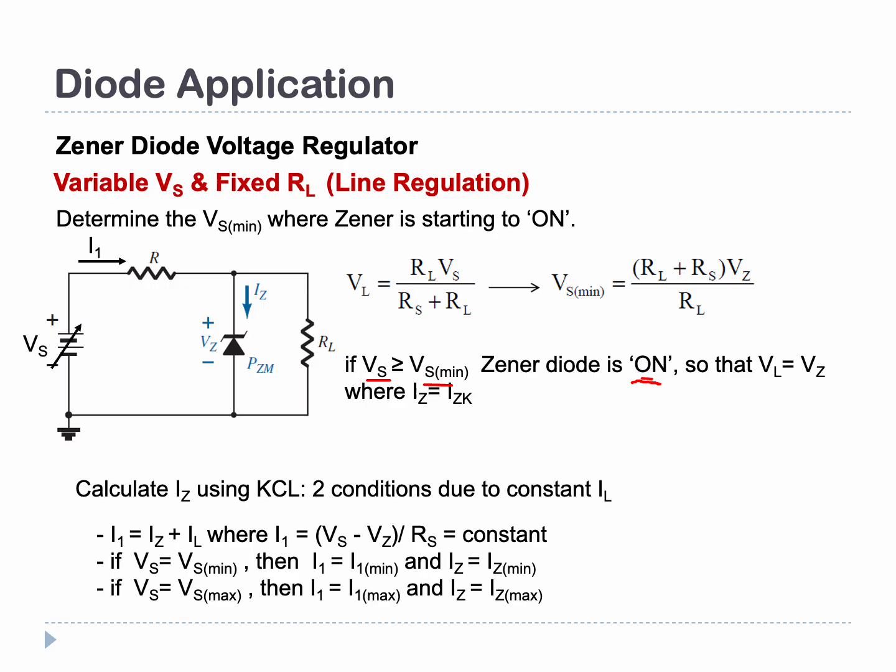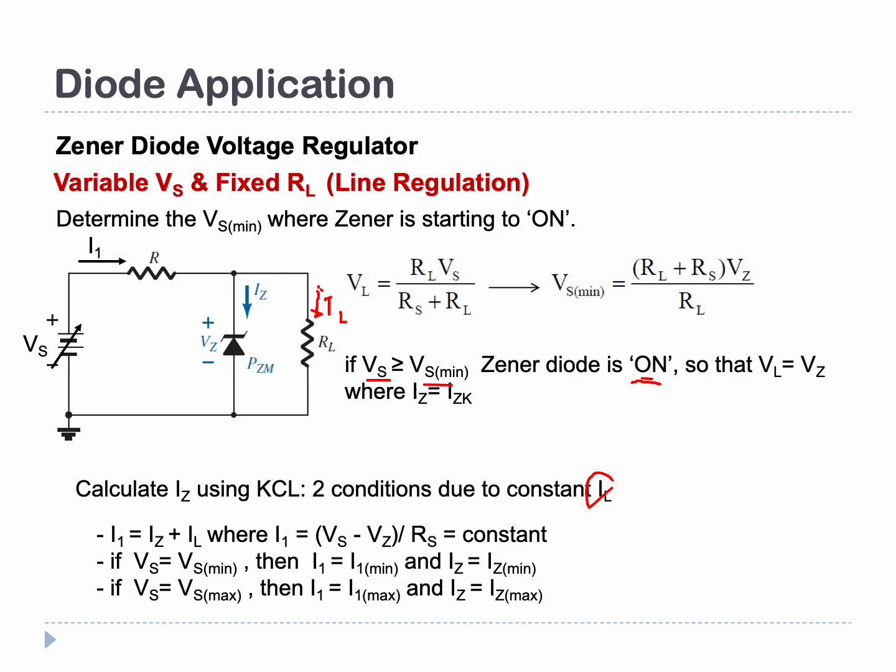There are two conditions. Alright, in this case, only one condition is constant: the IL is constant. Why is your IL constant? IL is constant because the value of the resistance is fixed, right?